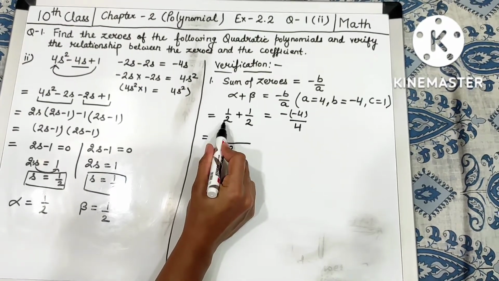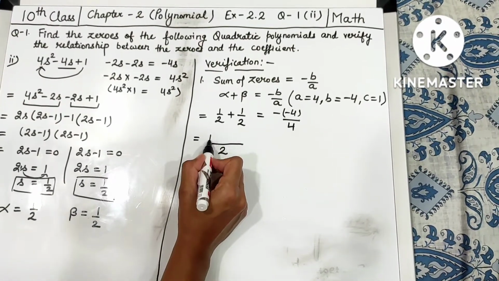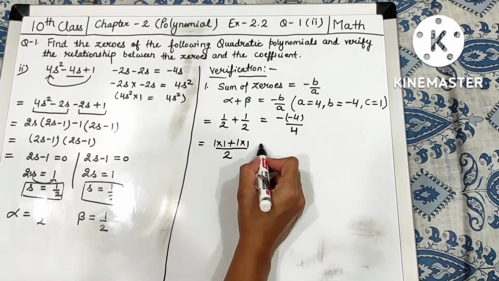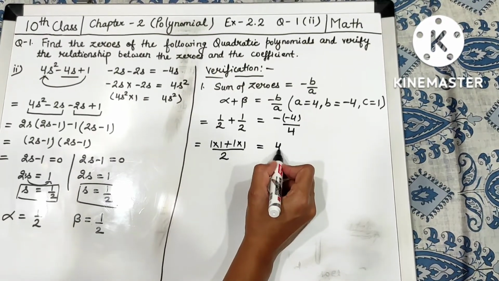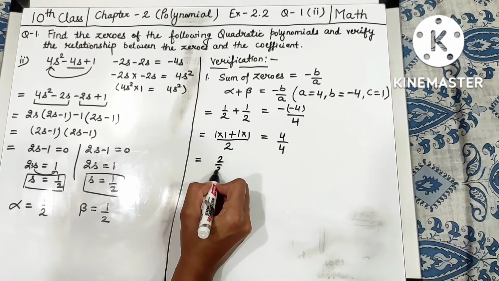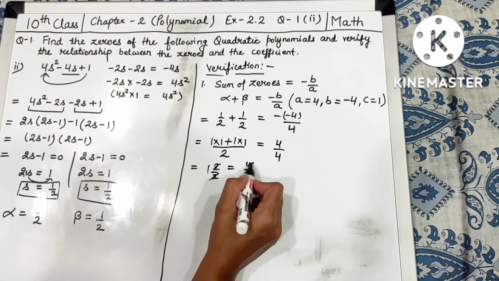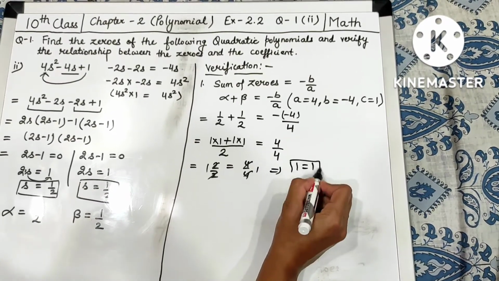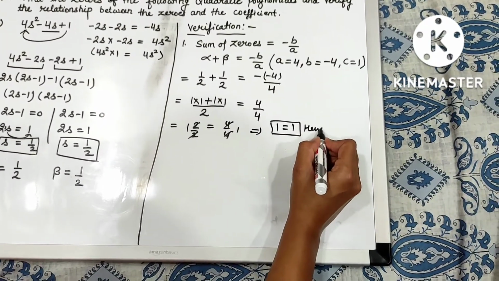Then if we divide 2 by the LCM, we get quotient 1, and we multiply the quotient with the numerator, is equal to minus bracket minus is, it will be plus 4 by 4. Here 1 plus 1, 2 by 2. Then 1 is equal to 1. Both sides are equal, hence verified.